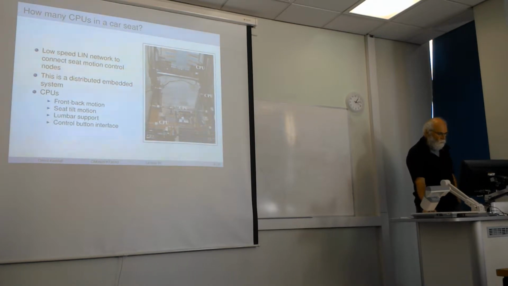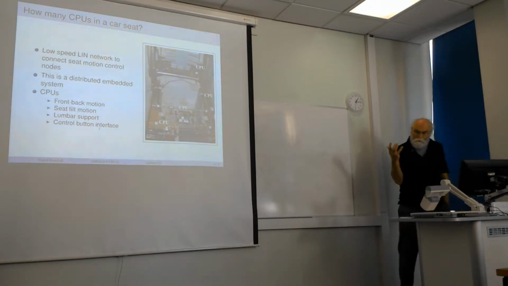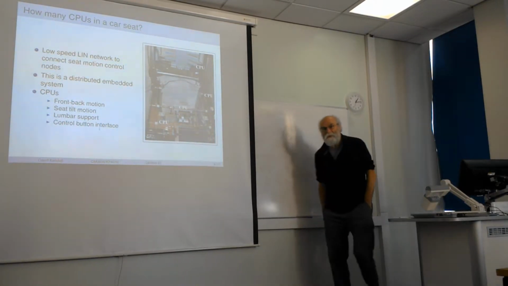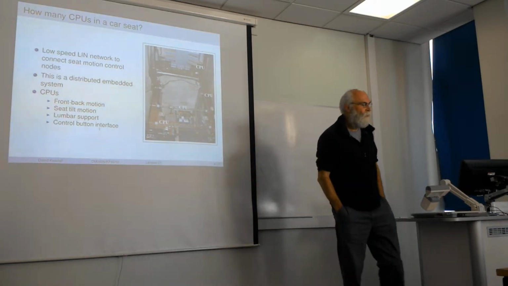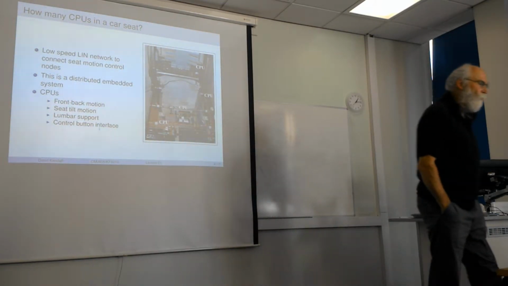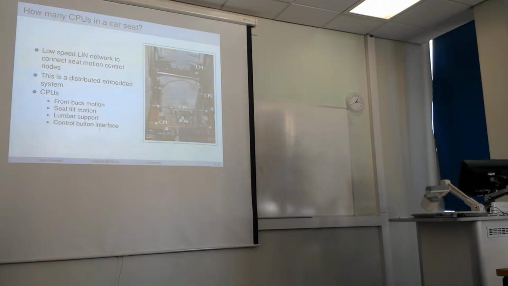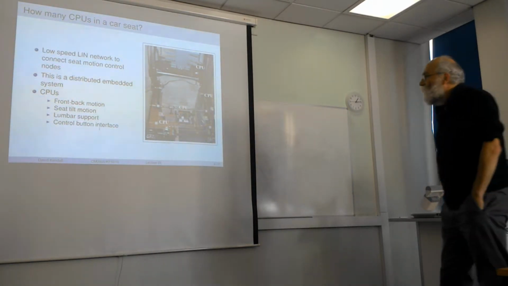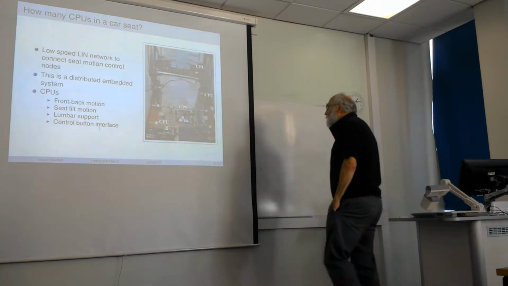There's one for front and back motion, another one which controls the tilt of the seat, another one for lumbar support, and also a control button interface. So we've got this one kind of standard bit of equipment in our car, and already we've got 4 ECUs, 4 small embedded systems in the car seat.